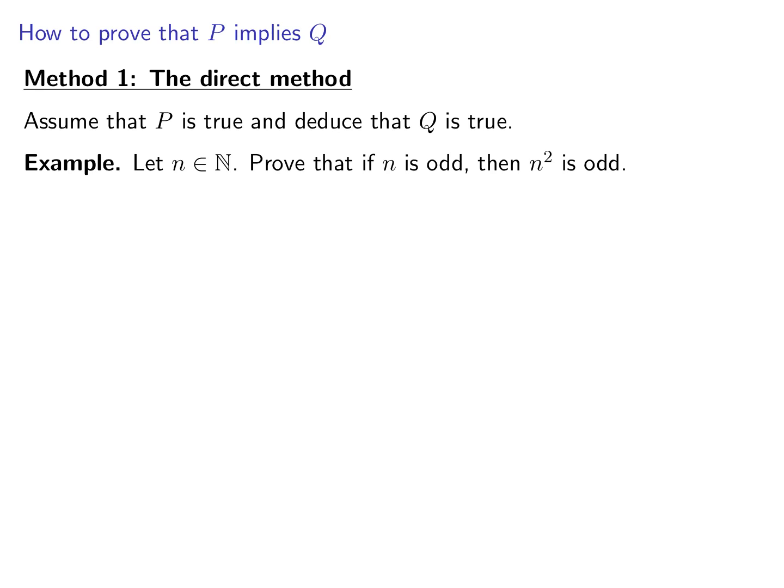The principle of this method is to assume the hypothesis and deduce that the conclusion is true. So let's demonstrate this with an example. Let n be a natural number. Prove that if n is odd, then n squared is odd.